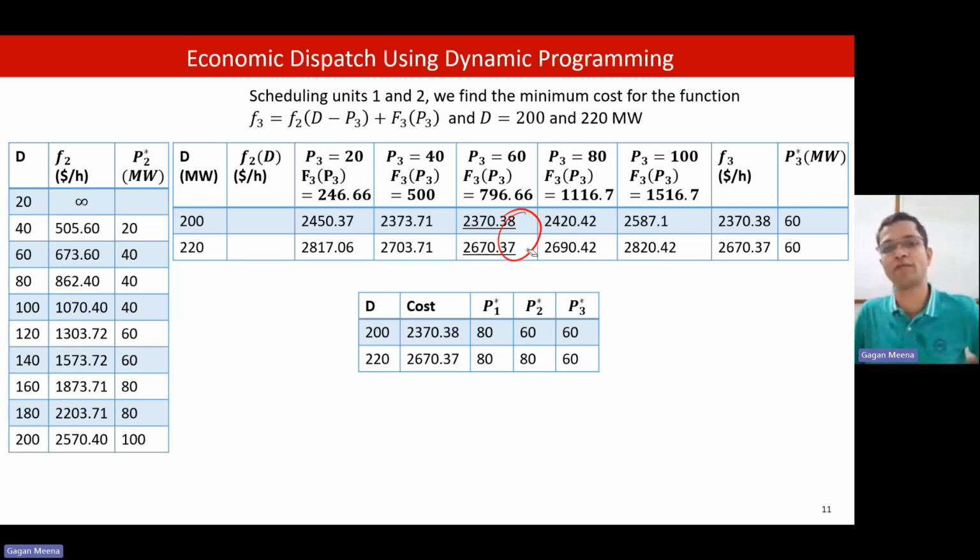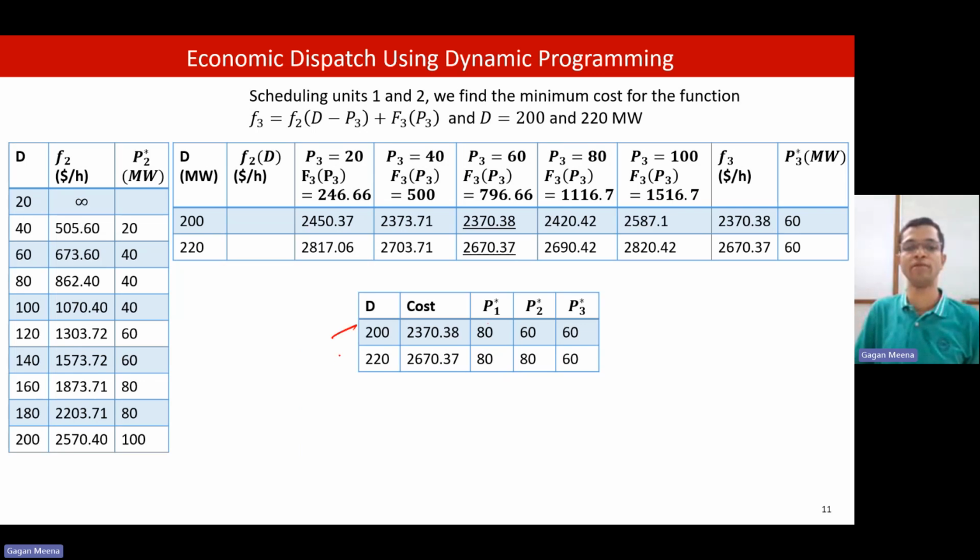If P3 is 60, then P1 plus P2 has to be how much? 160. If we go to 160, we see that P2 is 80. Now these two are known. 220 minus 140 is 80. P1 comes out to be 80.